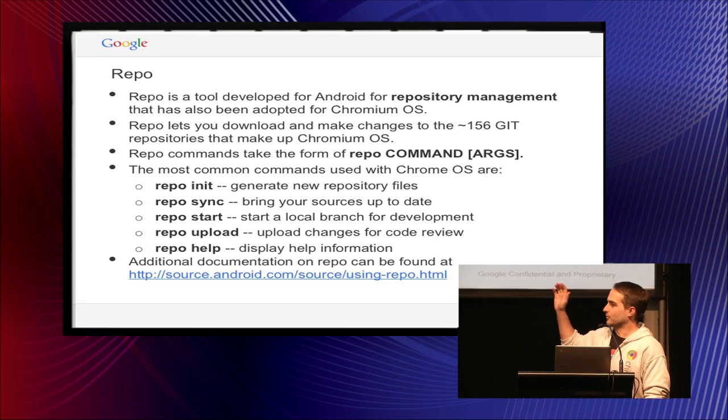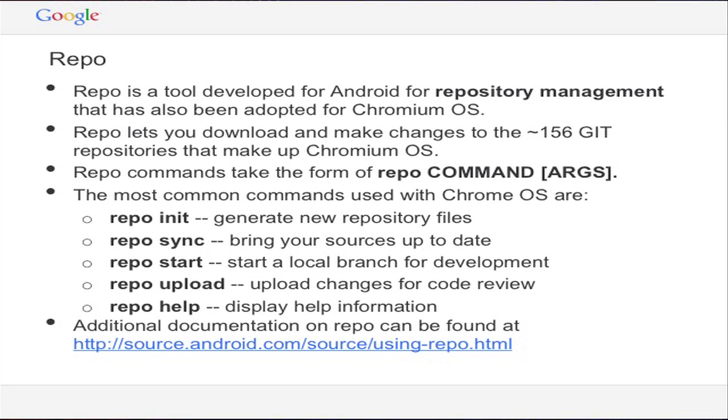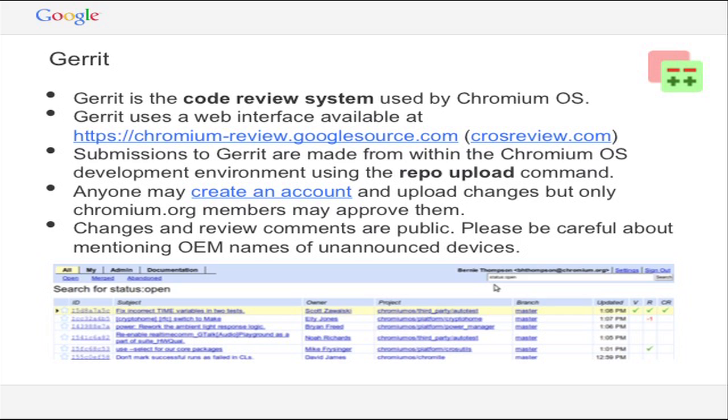And basically, if you were to start a new checkout, you would do a repo init. That kind of tells it where you're going to get your repository files from, and then repo sync actually brings them all down. And another one that you'll probably use commonly is repo upload if you don't want to use git push as a way of getting things onto the gerrit, which we'll talk about next.